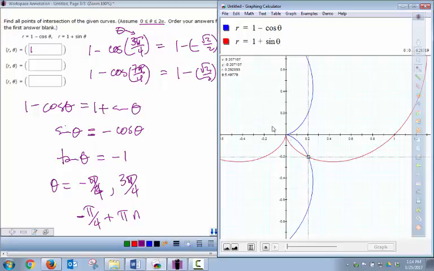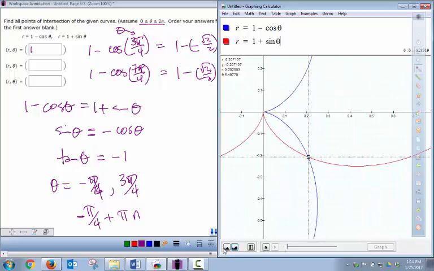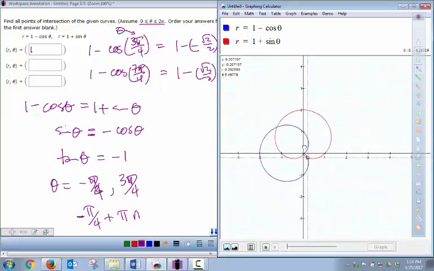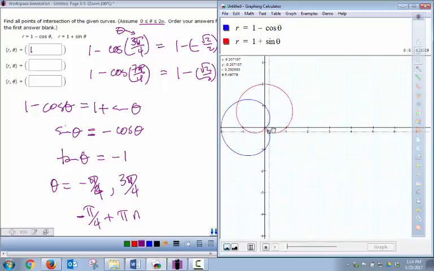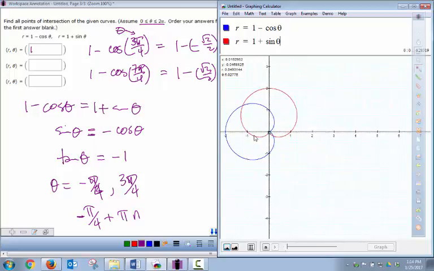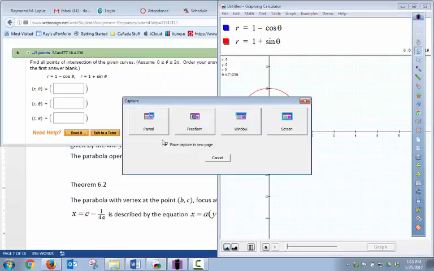So I think that's what they mean by a pole, when they intersect at 0, 0. So we should write a pole for the first one, probably.